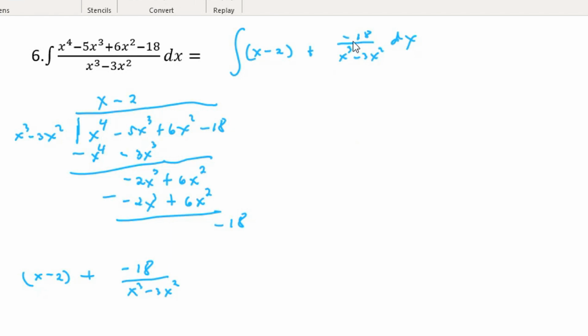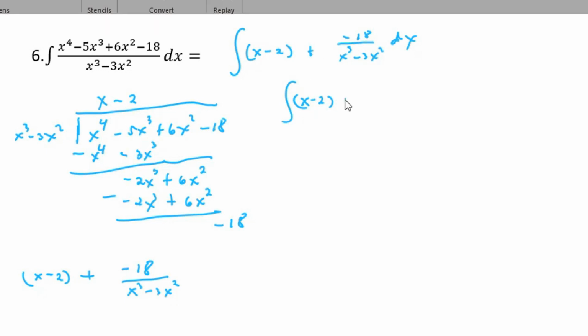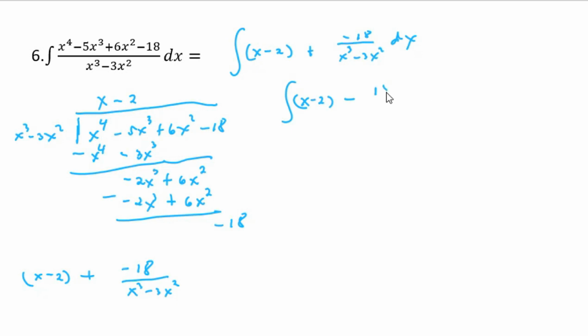Or I can extract the negative sign, so the integrand becomes the integral of x minus 2 minus 18 over x cubed minus 3x squared, dx.